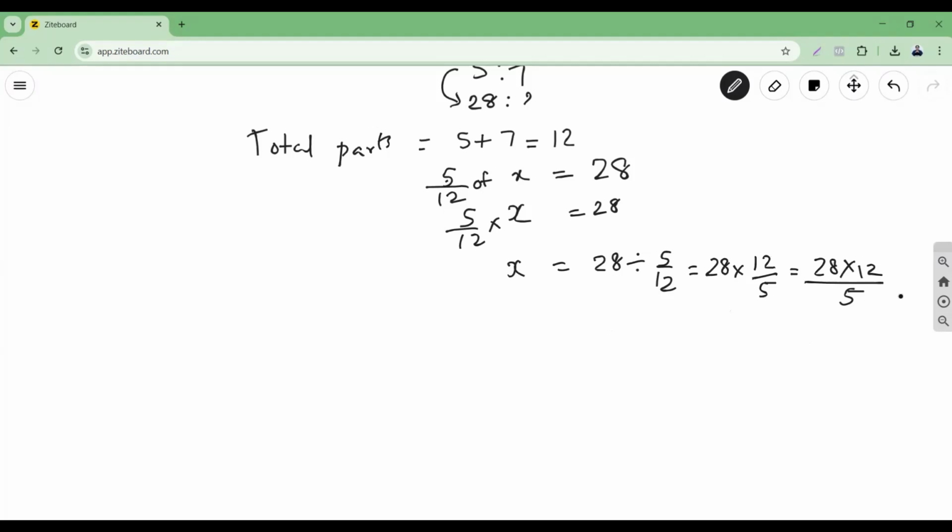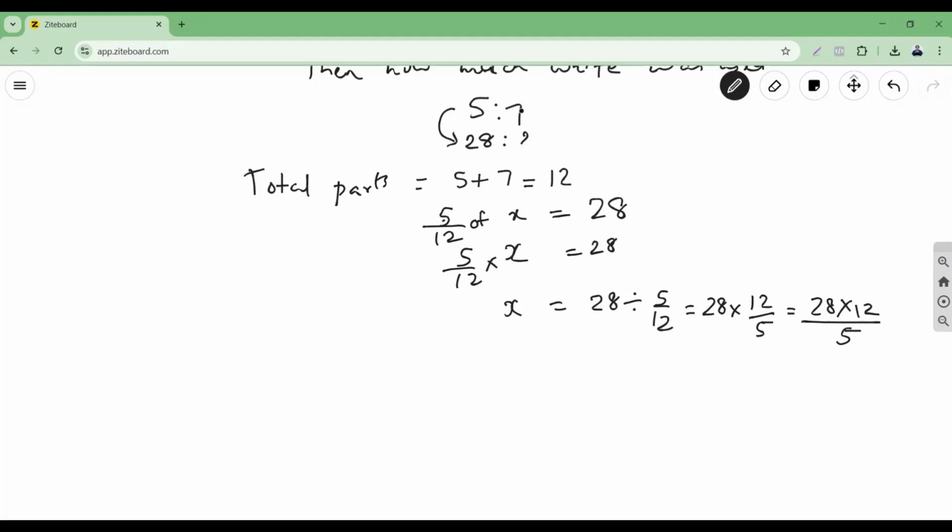But this is not our point. You got to know the x that you're going to multiply, but that is not what we want. We want how much white color was used. If white is 7, then 7x will be used.